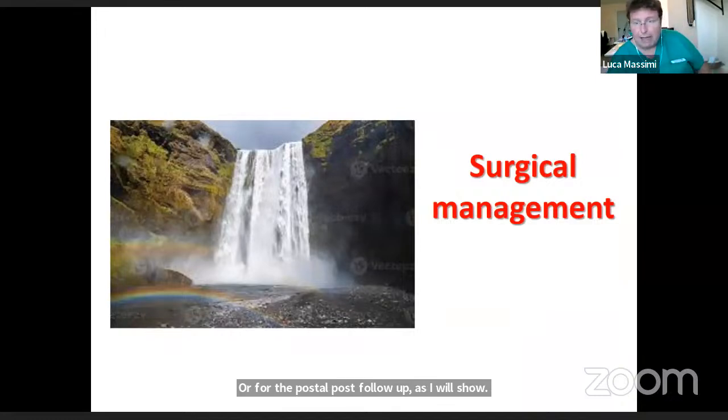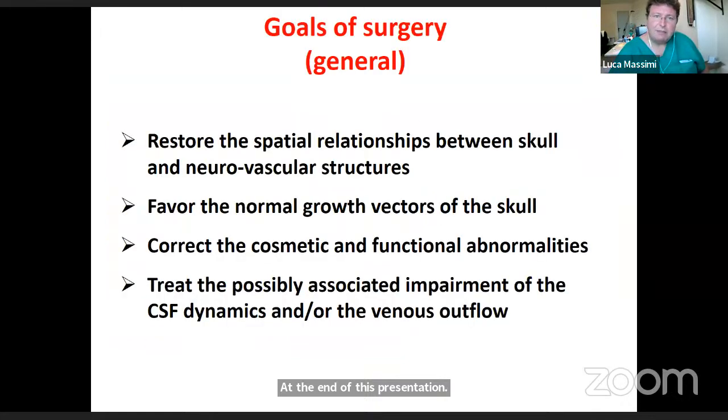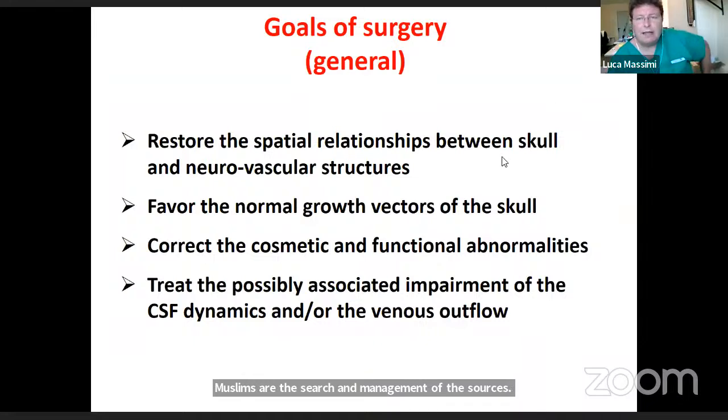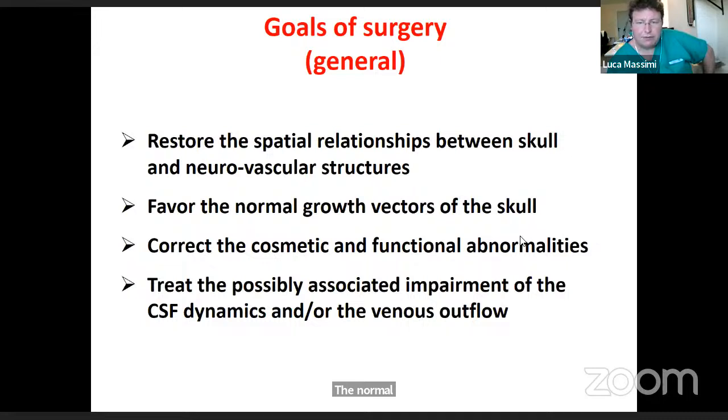The most important part for neurosurgeons is the surgical management of the craniosynostosis. Those are the general principles that can be applied to the surgical management: to restore the spatial relationships between the skull and the neurovascular structures, to favor or to redirect the normal growth vectors of the skull, to correct the cosmetic impact, also the functional abnormalities if present, and to treat the possible associated impairment, for example, of the CSF dynamics.